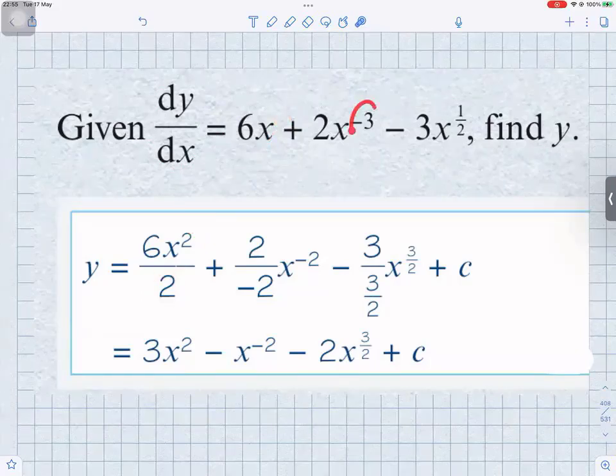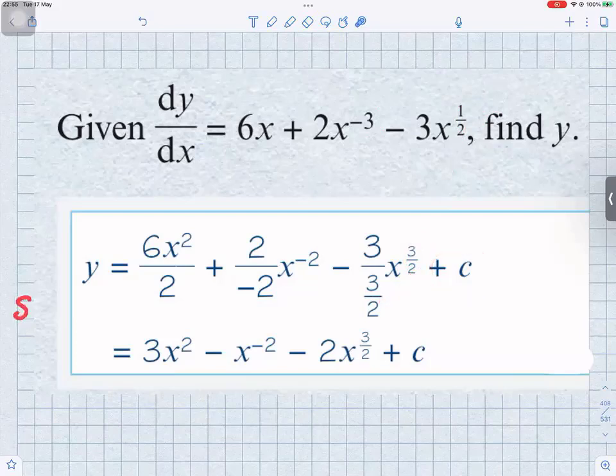And this is minus 3. Add 1, minus 3 plus 1 is minus 2. And then you divide by minus 2. And then x to the power half, add 1 to half. It becomes 1.5 or 3 over 2. And you divide by 3 over 2. And then you add the constant of integration.